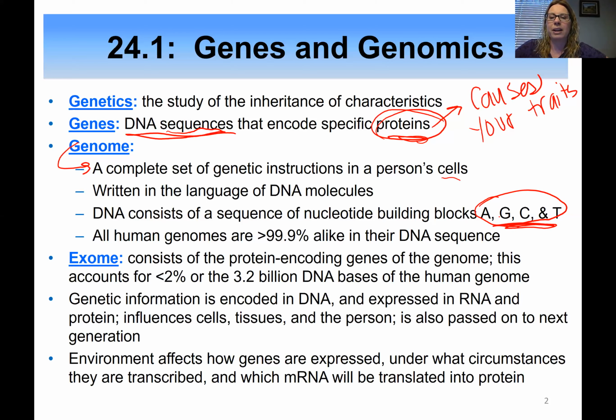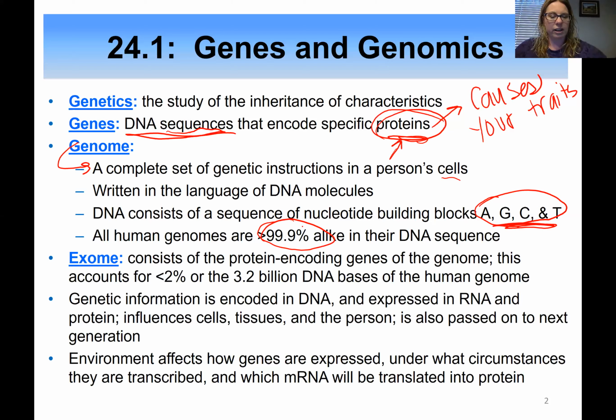Another interesting thing is that human genomes, whether yours or mine or someone of a different race or totally different background, are 99.9% the same. The thing that makes us different is how those genes are expressed, or how those genes are made into proteins, how and when they're made into proteins, and also that other 0.1% or less.